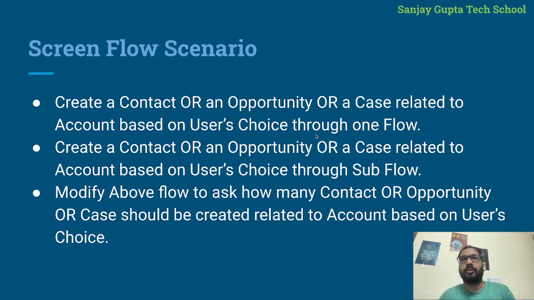That one flow will give a choice to the user, whether the user wants to create a contact record, opportunity record, or case record. And whatever record the user wants to create, that should be related to the account, right? So first I'm going to implement this first scenario, then for the same requirement I will show you how we can implement it with the help of a subflow.